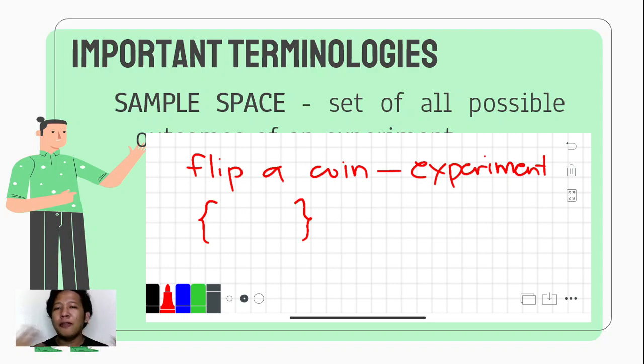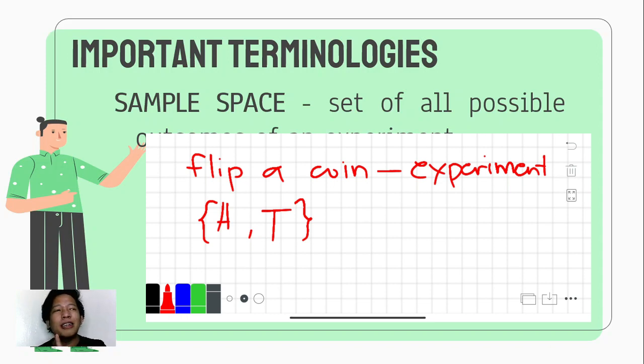Since we just flip a coin, what are the possible outcomes when we flip a coin? It's either we get a head, okay? It's either we get a head or a tail. Ibig sabihin, or sa Filipino, tao or ibon, di ba? Yung sample space na yun, yung mga posibleng outcomes na pwede mong makuha dun sa ating experiment.